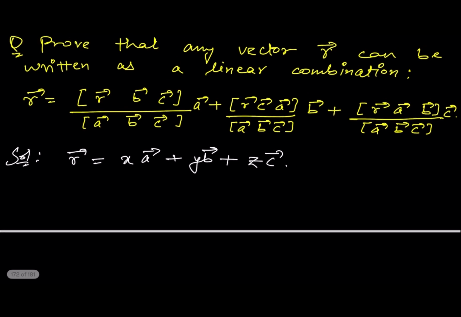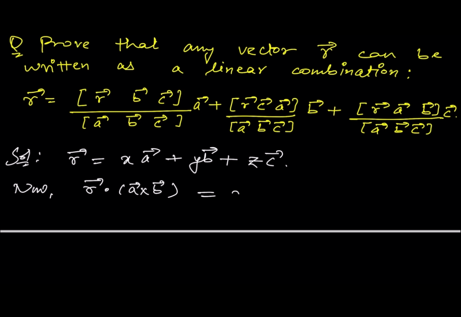Now if I take dot product with A cross B, then what will become? R dot A cross B. I'm taking dot product with A cross B on both sides.